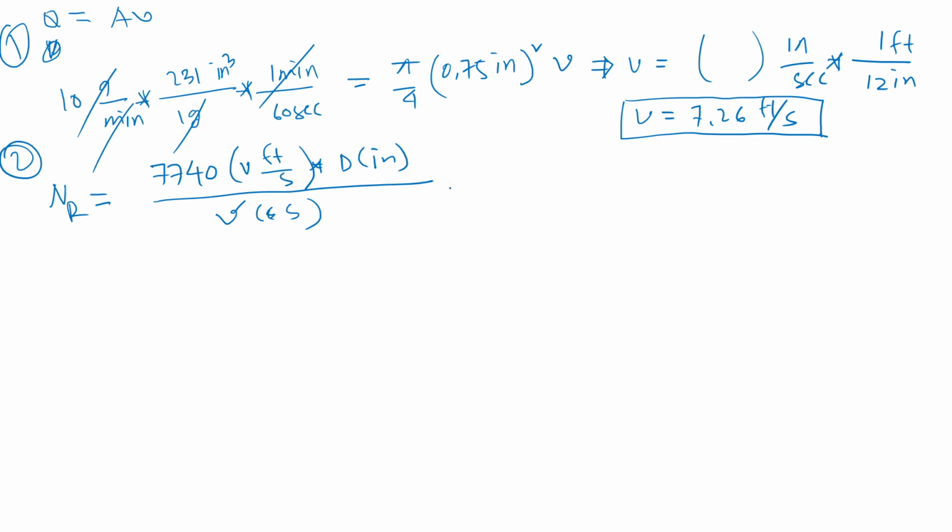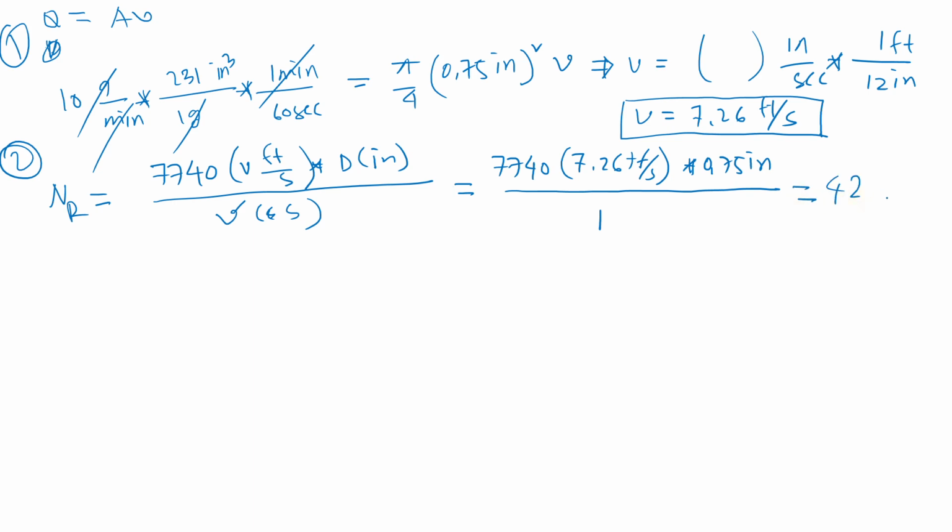So I can plug all these numbers in. 7740, velocity I calculated 7.26 feet per second, then the diameter is a 0.75 inch diameter pipe, divided by the viscosity, which I think is given as 1 centistoke in the problem. So the Reynolds number I calculated was 42,157. It's a dimensionless number, so it doesn't have any unit.